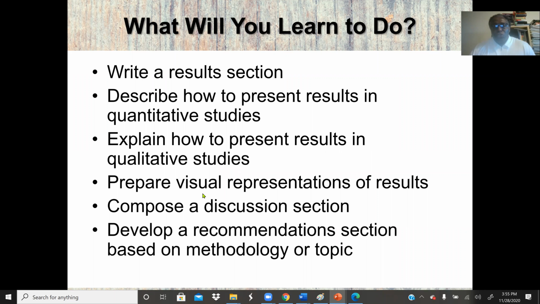Also, we should prepare visual representation of results, for example using a graph or even using a tabular form, tables and figures. Also, we're going to compose a discussion section and how to develop a recommendations section based on methodology or topic.